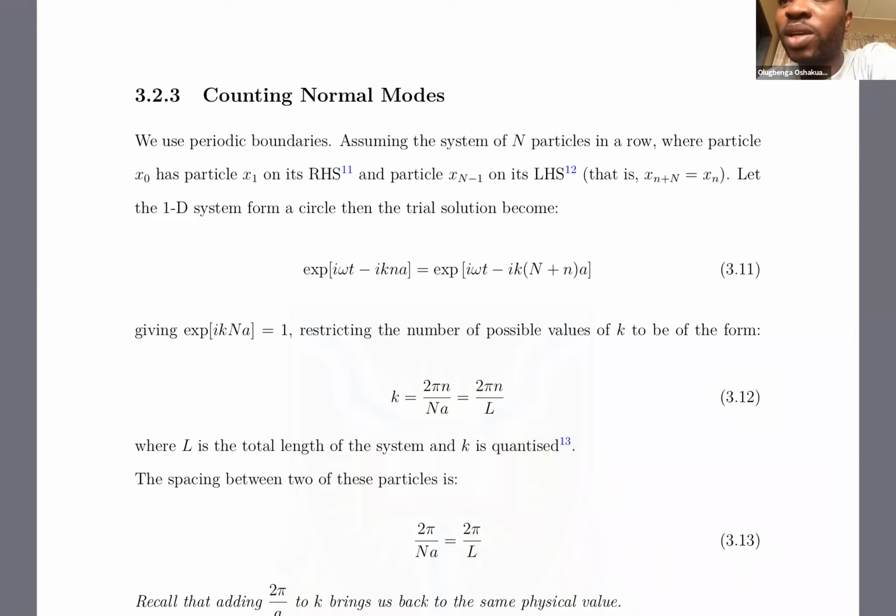So this is x1, x_{N-1}, big N, because there are big N particles in that row. It means that this particular particle can be said to be x0, and at the same time can be said to be x_N.